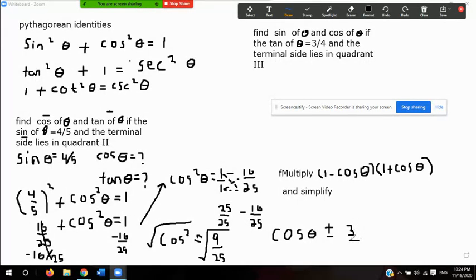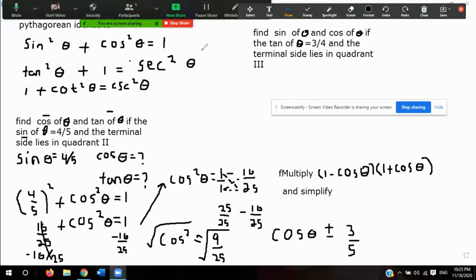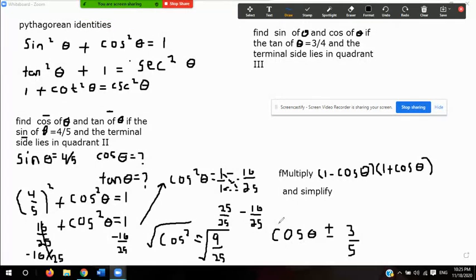So I found the cosine of theta, and the cosine of theta is plus or minus 3/5. Now, to find the tangent of theta, we have to use the quotient identities that we did yesterday.